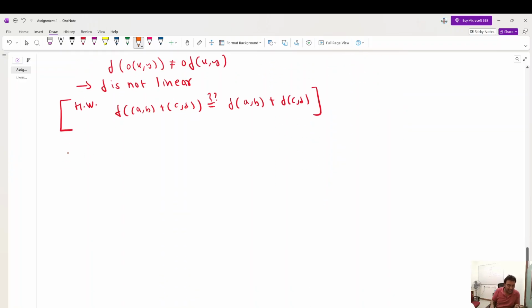Now let us do some more. Another part, B: f(x, y) = (sin x, y), a similar function.